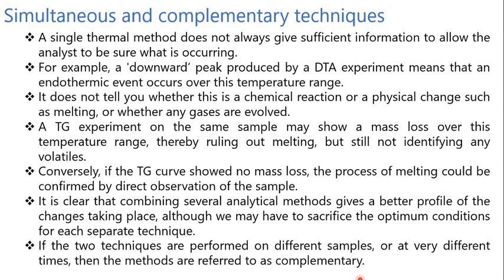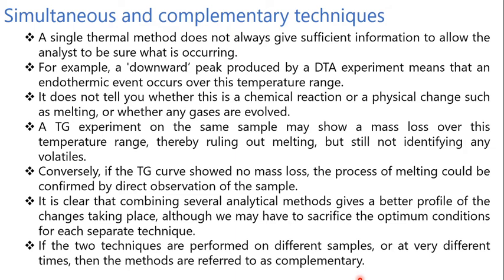So it does not tell you whether this is a chemical reaction or a physical change, such as melting, or whether any gases are evolved. The TG experiment on the same sample may show a mass loss over this temperature range, thereby ruling out melting but still not identifying any volatiles.